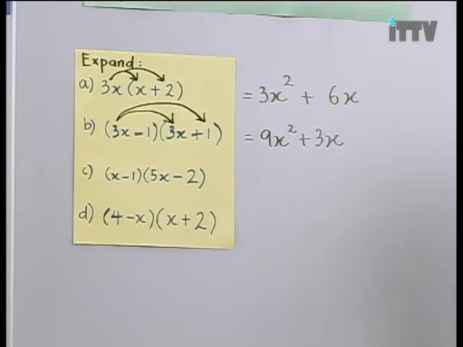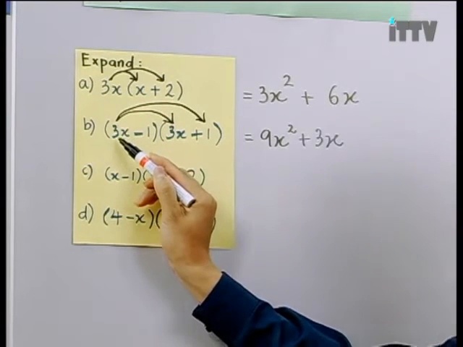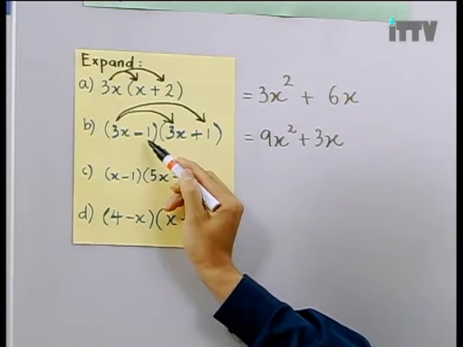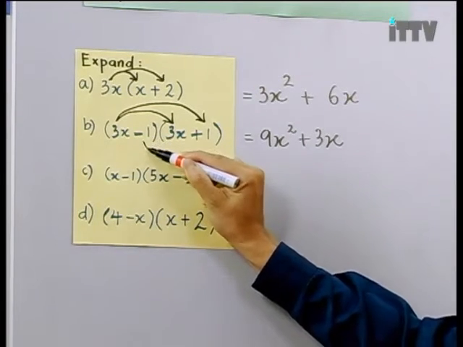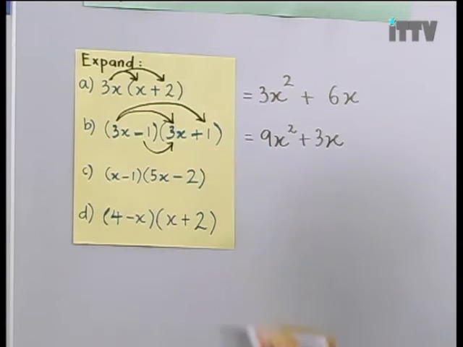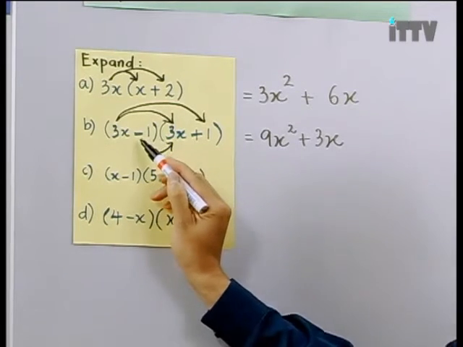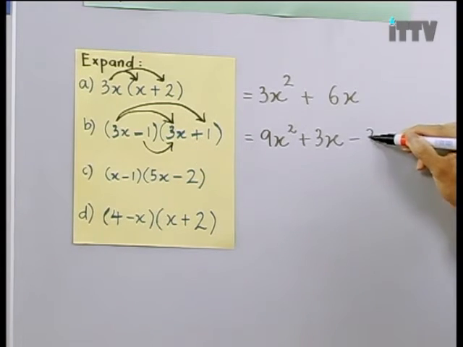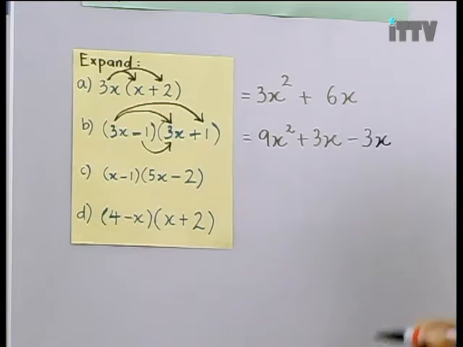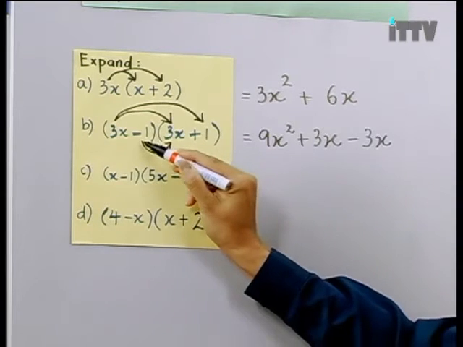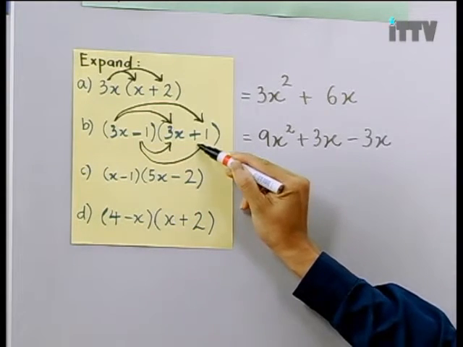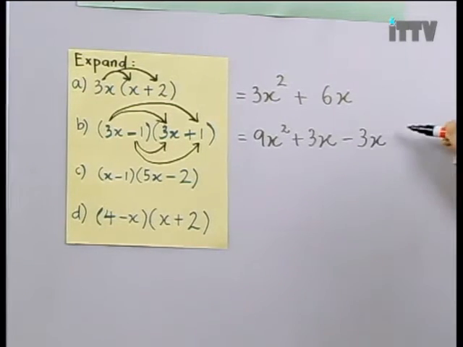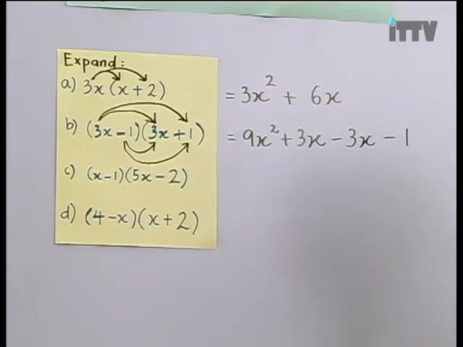Now, this has already been done. The second term in the first expression, negative 1, needs to be multiplied with every term in the second expression. So negative 1 multiplied by positive 3x gives you negative 3x, and negative 1 multiplied by positive 1 gives you negative 1.